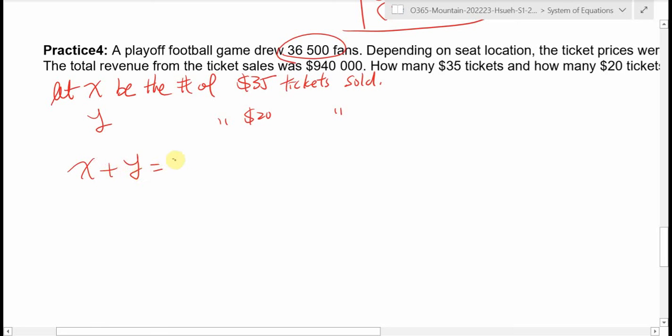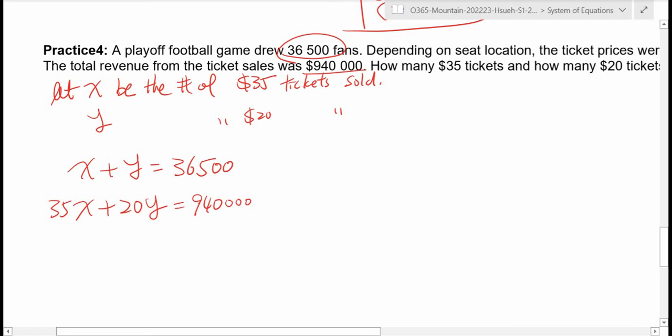So X plus Y should equal 36,500. Now the total sales was 940,000. There was $35 per ticket for the X, plus the $20 per ticket times Y number of tickets. Again, in total, that is the total number of sales.